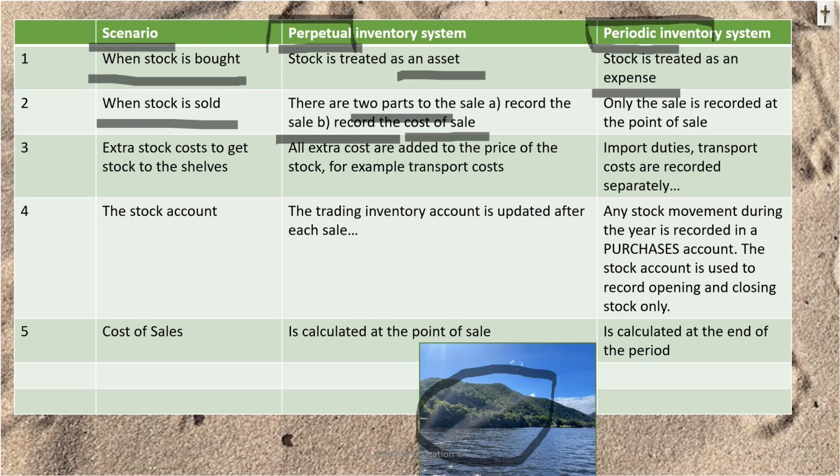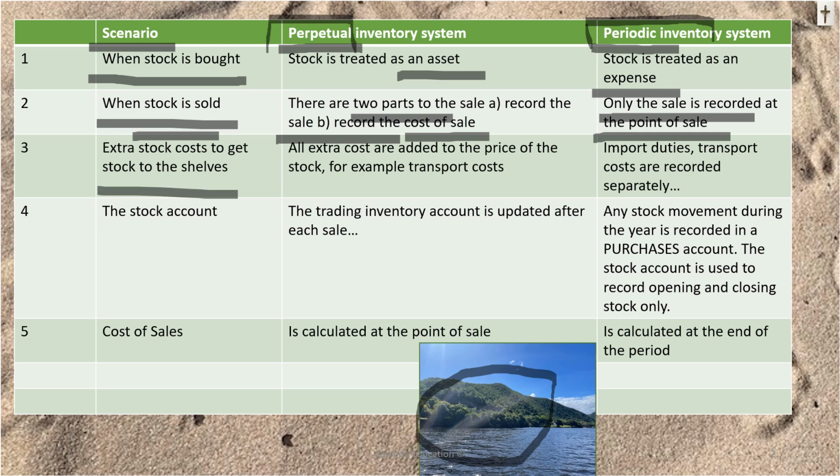So this table here is just to point out the differences between the perpetual and the periodic. I will cover each difference in examples over the video. So when stock is sold, in the periodic inventory system, only the sale is recorded at the time of the sale.